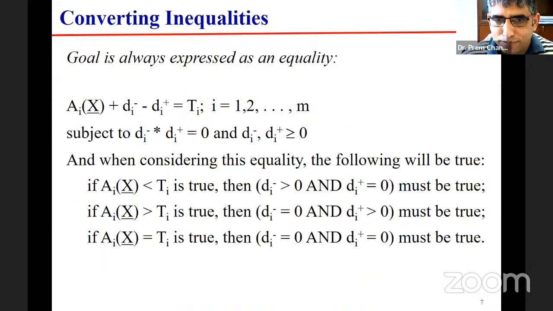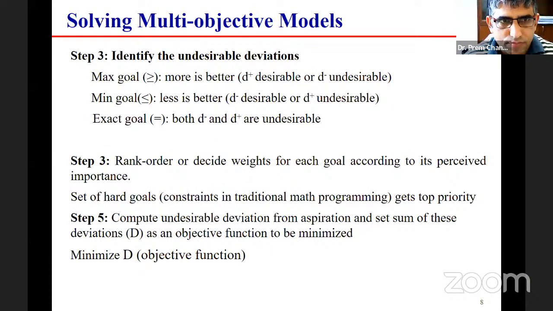So as I have explained, if we want to maximize, for overachievement we subtract, and for underachievement we deduct from the goal equation. Then the third step is to identify the undesirable deviations.